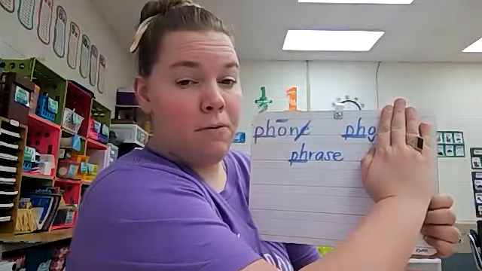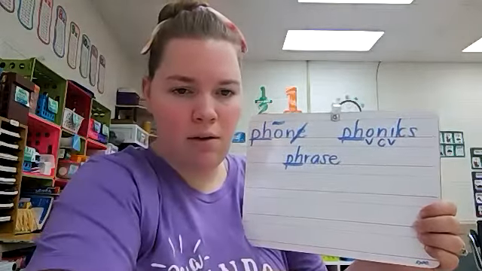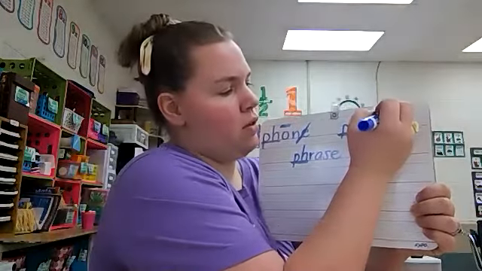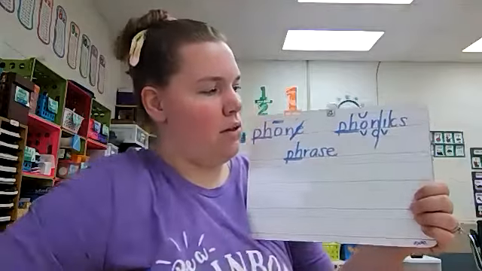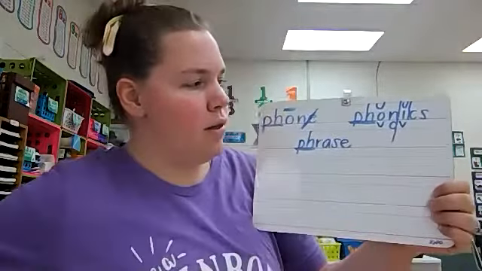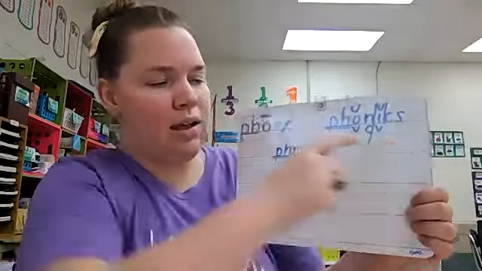This would be phonics. No, we want it to be a short O. So that means we're going to split after the consonant. So the I is also going to be short. This would say phonics.